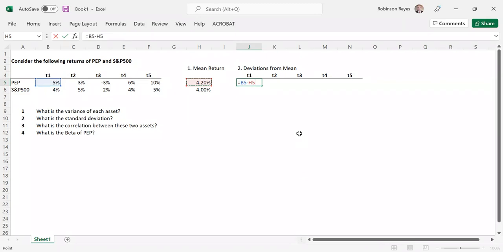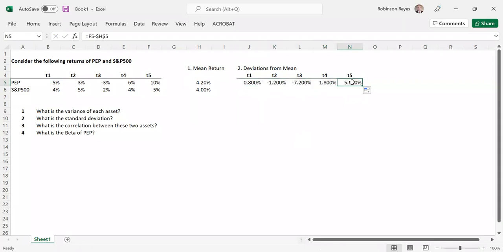Now let's lock this last cell so we can scroll it to the right and it will still make reference to that cell where the mean return is, H5, right? So we will scroll this to the right now, and now we have all the deviations.